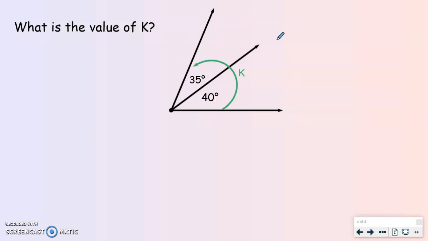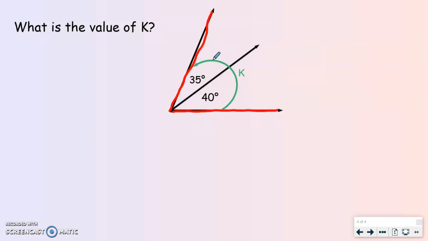Here I have my angles, but I don't have the points like I did before, but I do have a missing value here. So this setup is a little bit different, but it's still the same concept. My question here is, what is the value of K? And K, as the arc here represents, is the total amount between this ray here and this ray here.